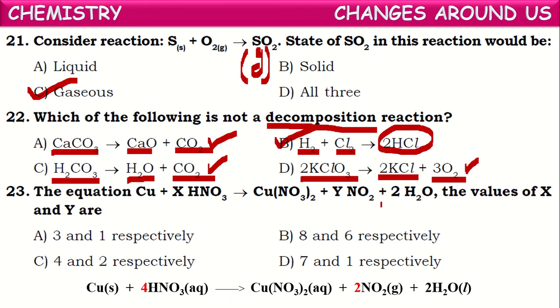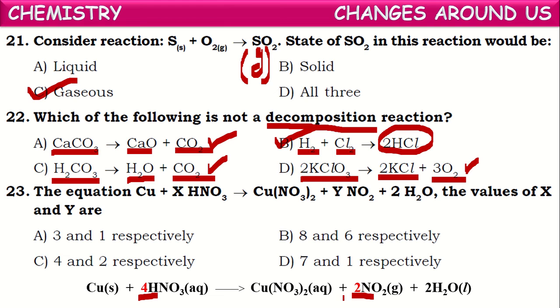Okay, so in this way, by observing elements one by one, if you keep any simple coefficients in the place of x and y, we have to observe after keeping those numbers whether they are being balanced or not. By that, we finally get 4, 2 here. So in the place of x we are getting 4, in the place of y we are getting 2.